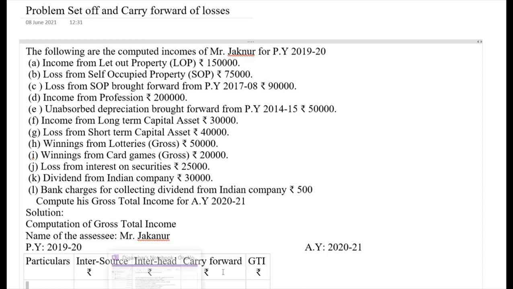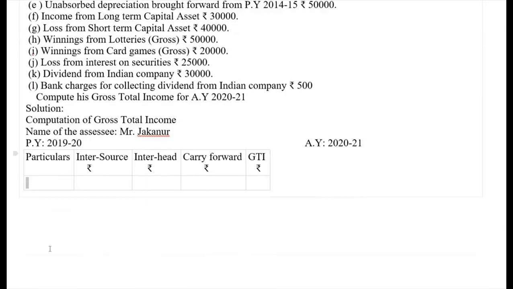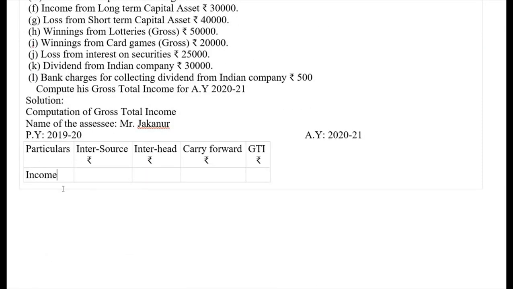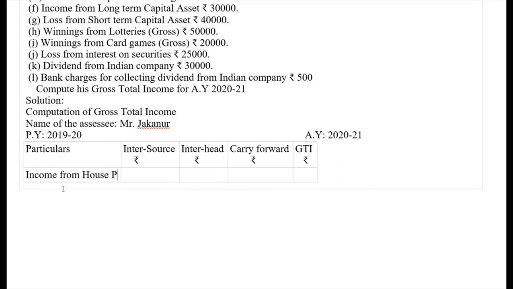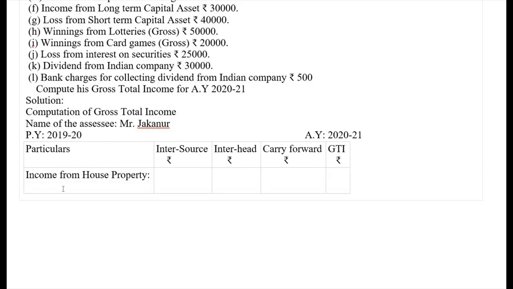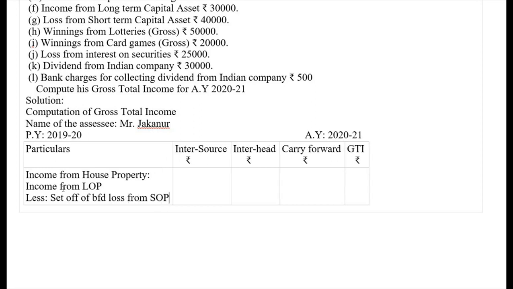So now let us work out this problem here. First one, income from house property. So there is income from LOP, less set off of brought forward loss from SOP, BFD in short, then less set off of loss from SOP. So now let's put the values here.